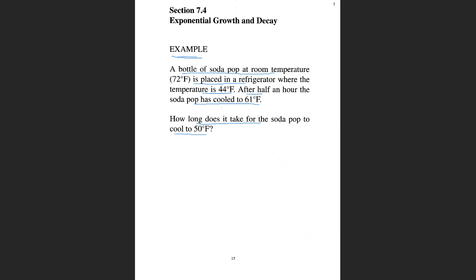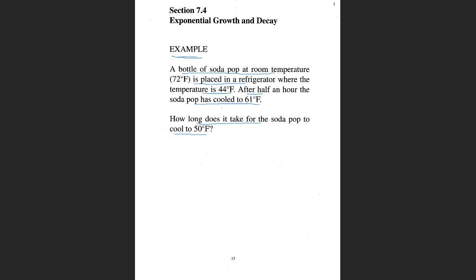How many notice that soda pops tend to taste better, like a Coca-Cola or Sprite? How many feel that they taste a little better when they're cold? Okay, Tina agrees, and Justice does. And how many have had a situation where, Eric, definitely, you put a can of soda in the fridge, it's at room temperature, and you're wondering how long it's going to take for that to get cold?